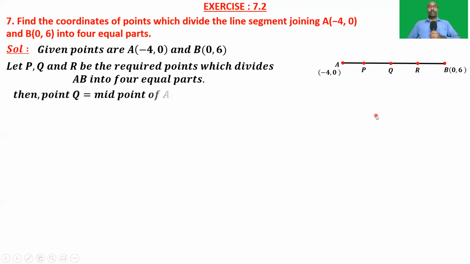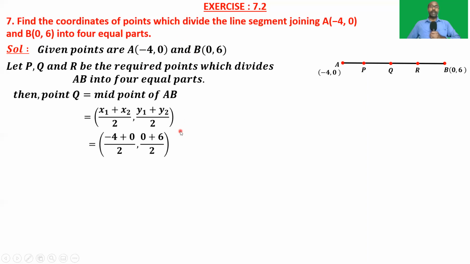So Q is the midpoint of AB, and we know that the midpoint formula is ((x1 + x2)/2, (y1 + y2)/2). So the midpoint of AB is ((-4 + 0)/2, (0 + 6)/2). That is (-4/2, 6/2), which is equal to (-2, 3). So we got the midpoint of AB, which is one required point.